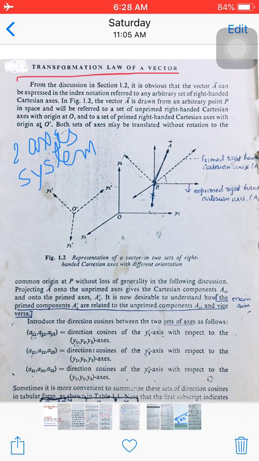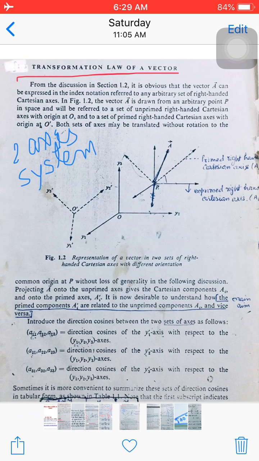When y1 dash is taken with y1, it becomes a11. When y1 dash with y2, that is a12. When y1 dash with y3, this is a13. So these are the three direction cosines of y1 dash with y1, y2, y3.